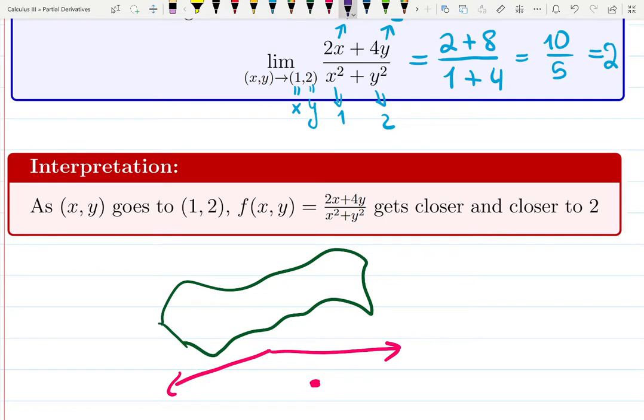When x approaches this direction and y approaches this direction, they both go to this point, and f of x, from the left, from the right, from the front, from the back, from all directions, approaches this point. So it's a very good question, how does it approach? And soon we will have to figure out what it means. And this is z, as you understand. Z is 2.